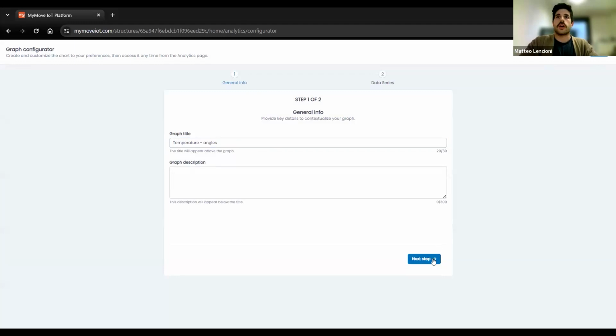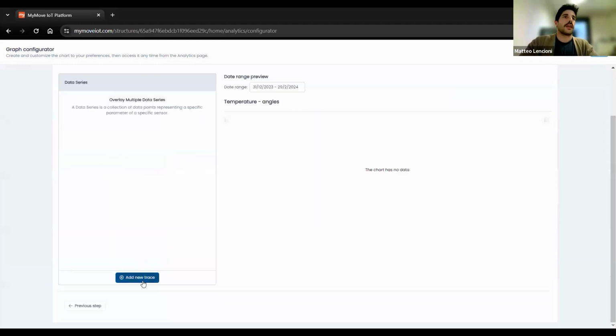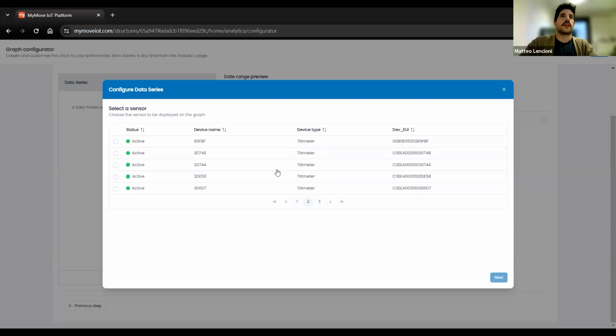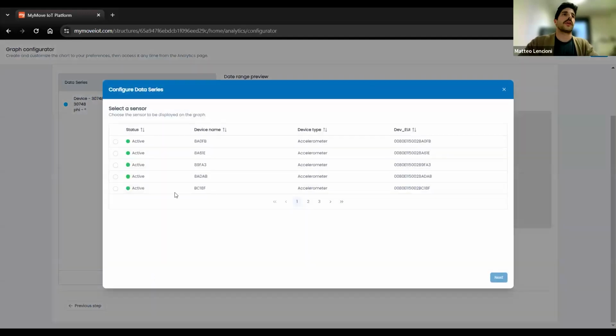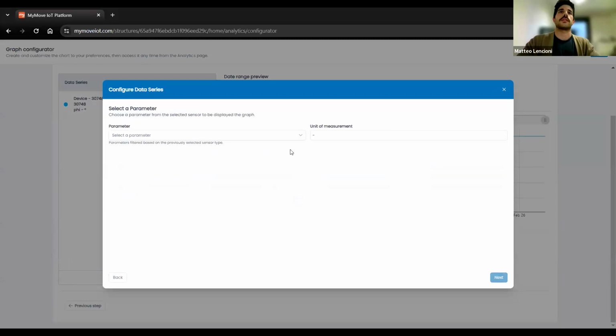So you can create a new graph, and on that graph, you can, again, correlate, for example, an angle with a temperature from a tilt meter.